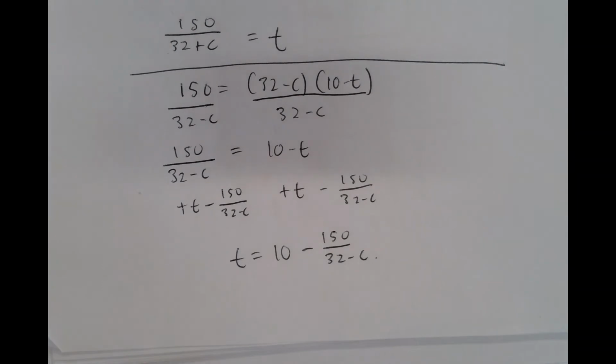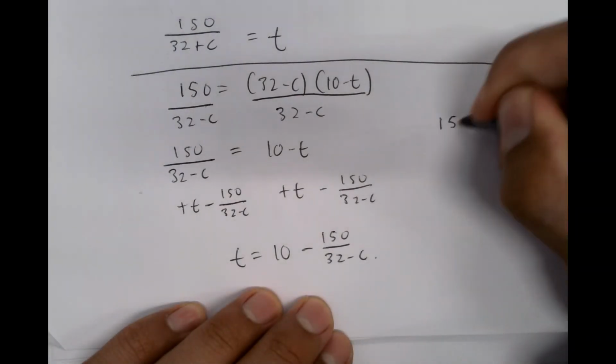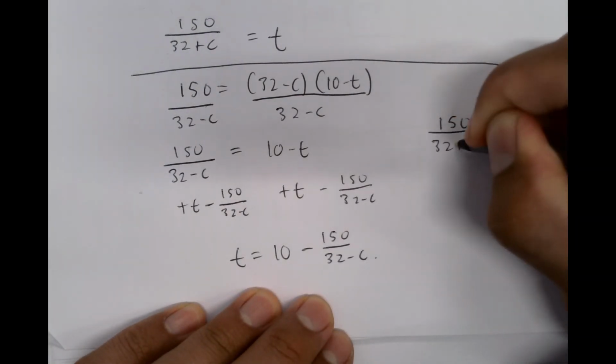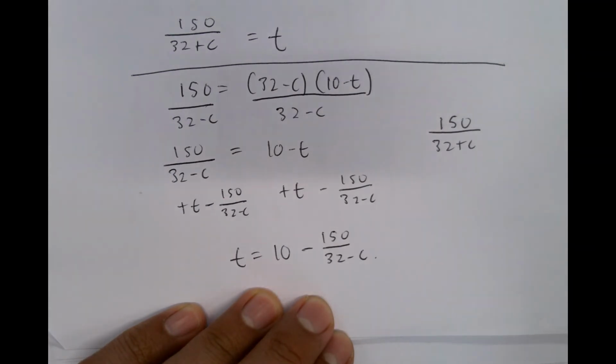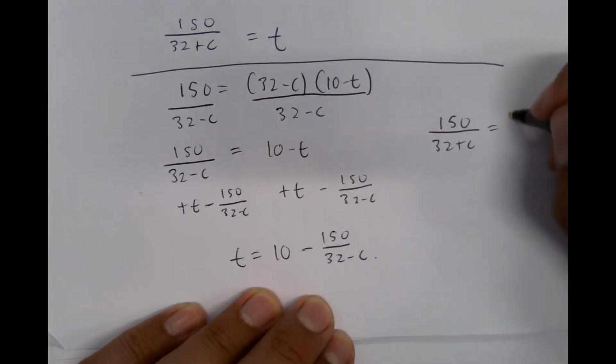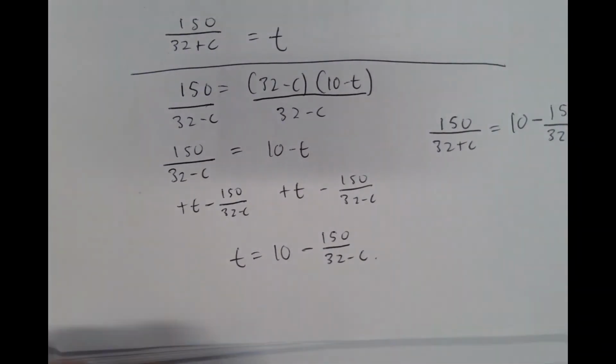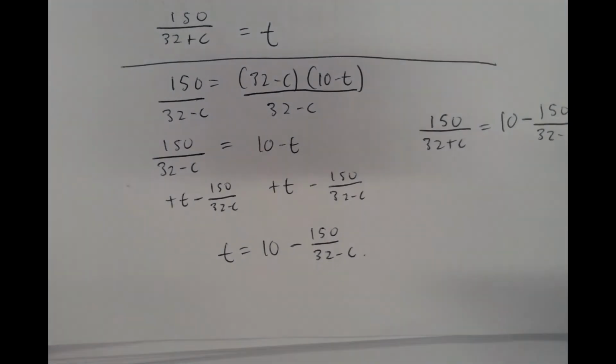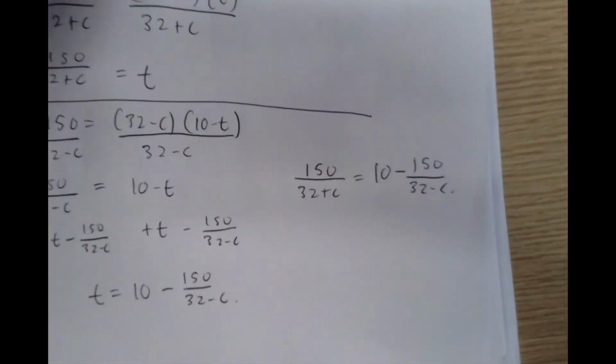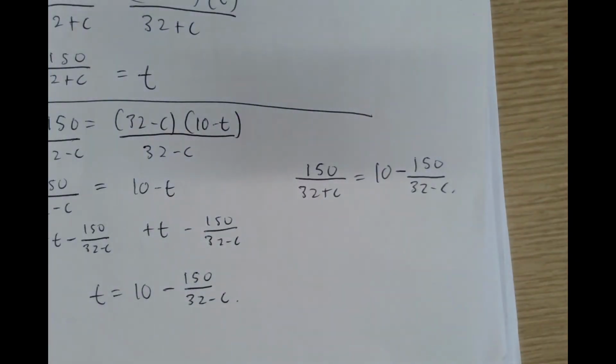So now that I have two things equal to t, now I can solve. So now I go 150 divided by 32 plus c. I know that is equal to 10 minus 150 over 32 minus c. And if this looks a little familiar, that's because now what I want to do is get rid of all my denominators by multiplying everything by 32 minus c and 32 plus c, and then now I can solve.